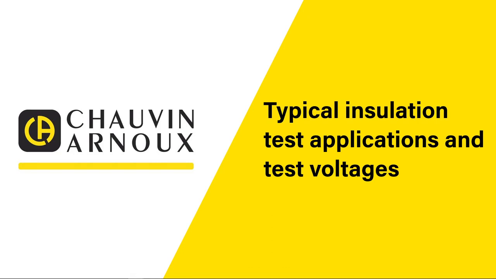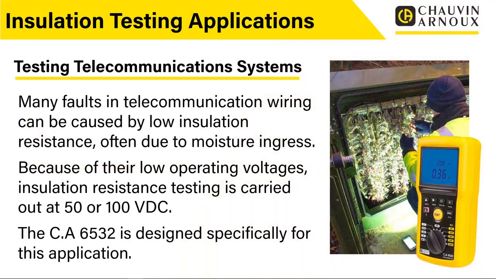In this section, we're going to take a look at some typical insulation test applications and the test voltages used. This is a typical application you may come across. Sometimes you'll look on your insulation resistance tester and you'll have the values of 50 volts or 100 volts DC, and generally these are for telecommunications applications.